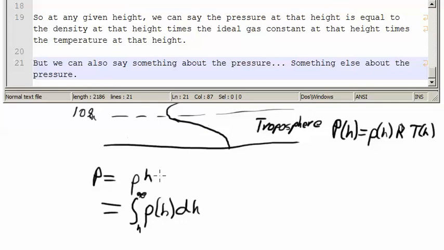Left out a term: rho times the gravitational field times the height. So g, the gravitational field at a given height, is probably, I think, constant.